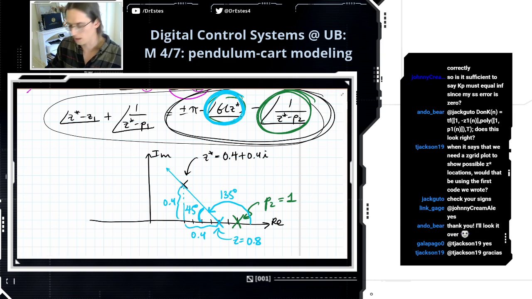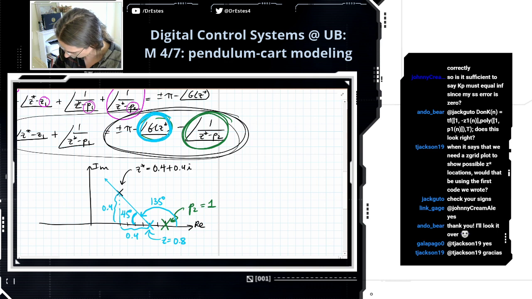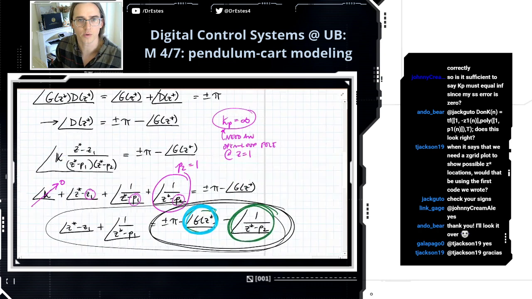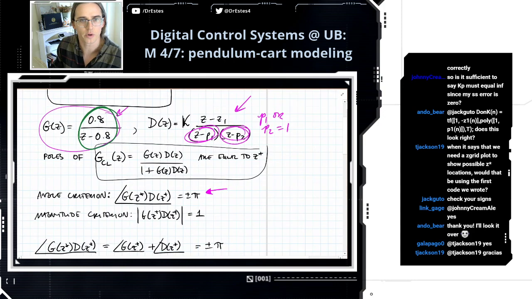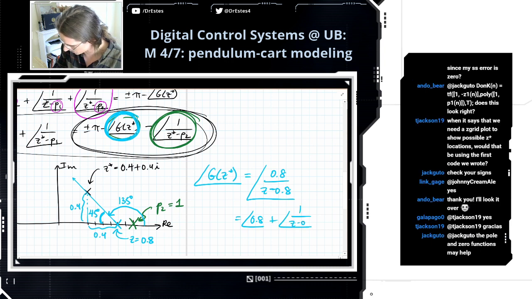Okay, be careful here. I want to write this over to the side. When you're doing the graphical method, the angle of G of z is the angle of 0.8 over z minus 0.8. So this is the angle of 0.8 plus the angle of 1 over z minus 0.8.